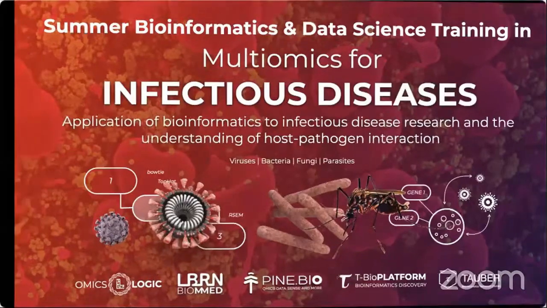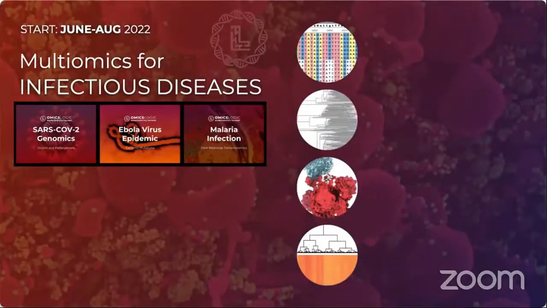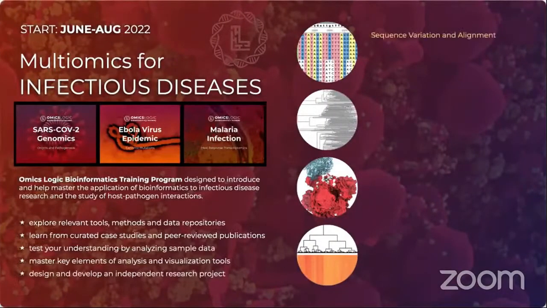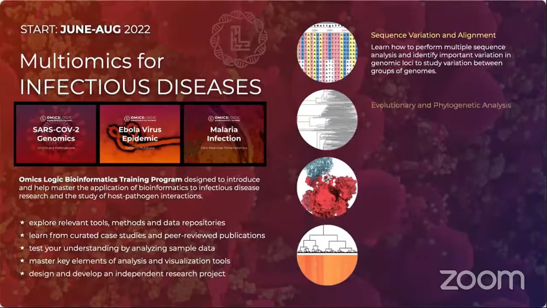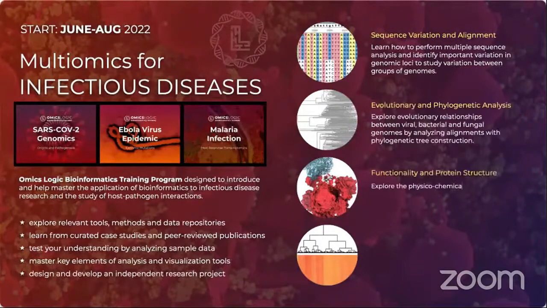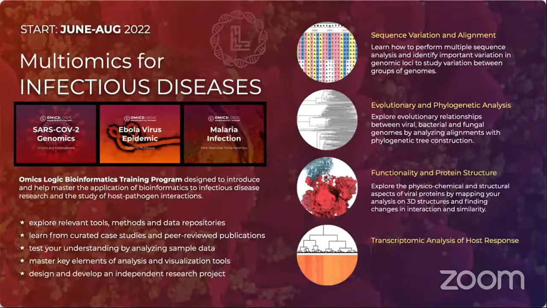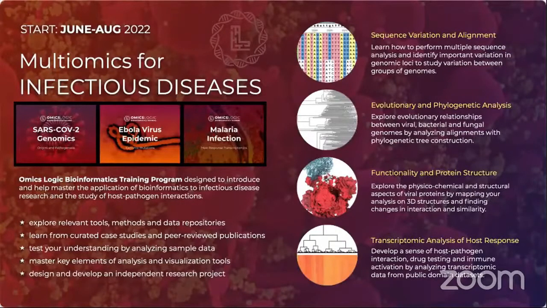In this program, we will provide you training on how to perform sequence variation analysis and alignment analysis, and how to perform phylogenetic analysis, so that you can understand, for example, where your SARS variant or SARS strain lies in the lineage of variants of concern or variants of least concern.